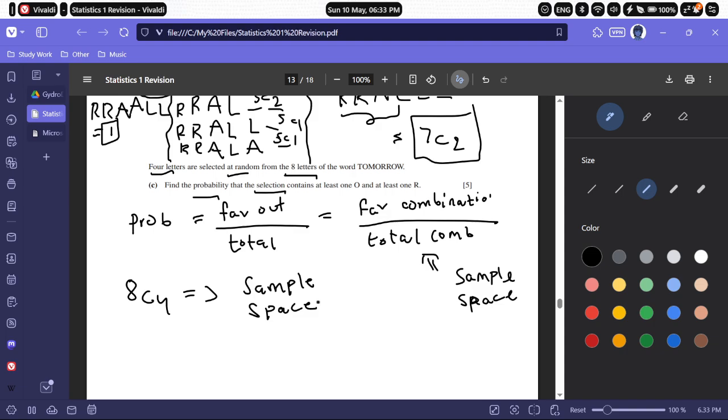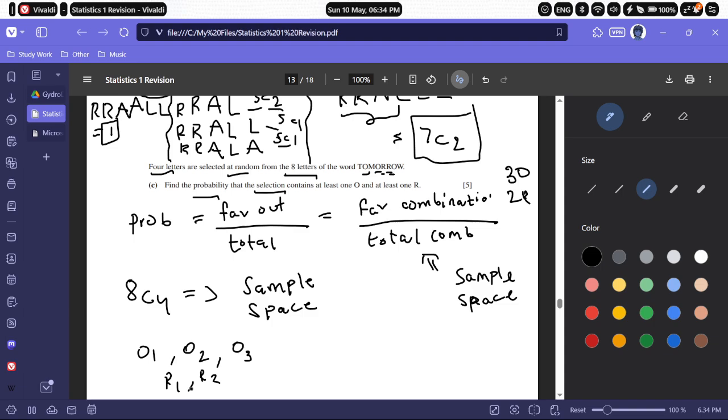You have three O's and two R's, so instead of O and R, it would be O1, O2, O3, and R1, R2. It depends on how you define your sample space.